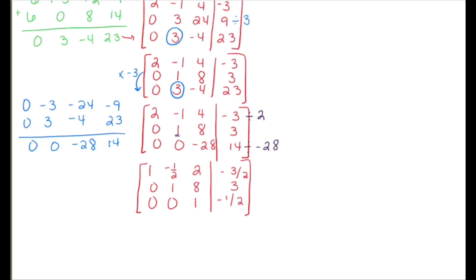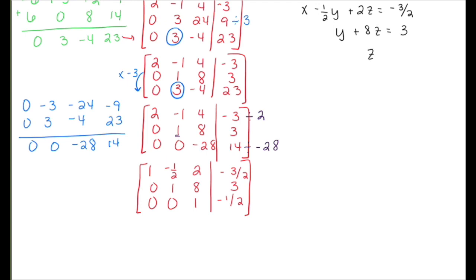So we know a couple things at this point. Based on these equations, or this matrix, when I put it back into the equation form, these are still our coefficients. So I'll have x minus 1/2 y plus 2z equals -3/2. My middle row gives me 1y plus 8z equals 3.